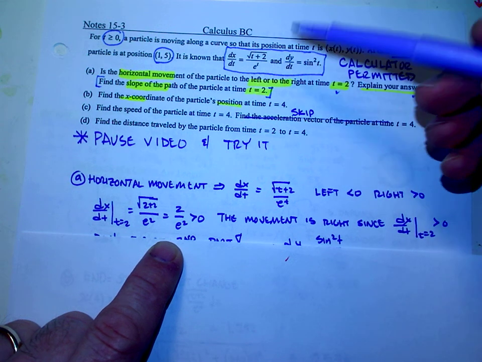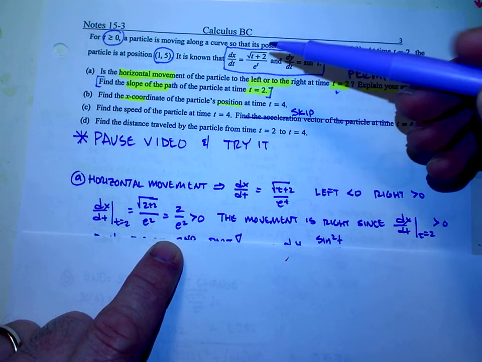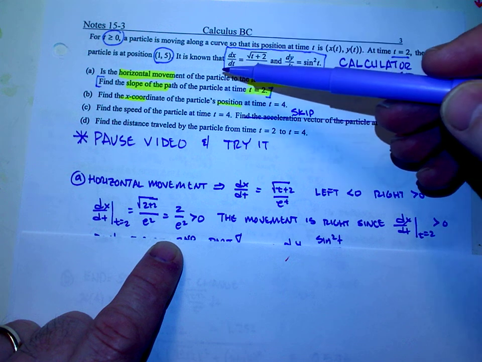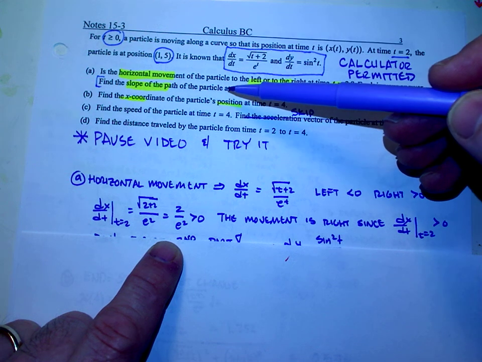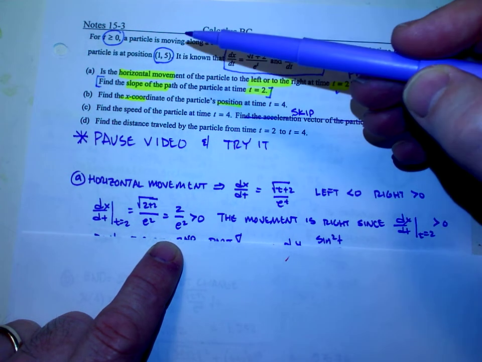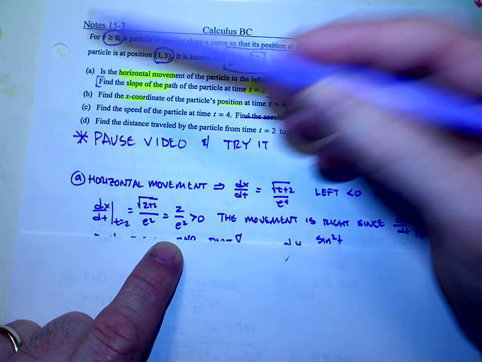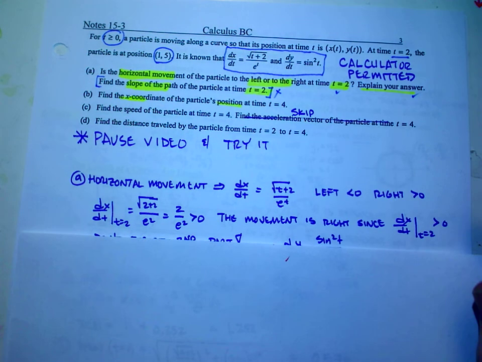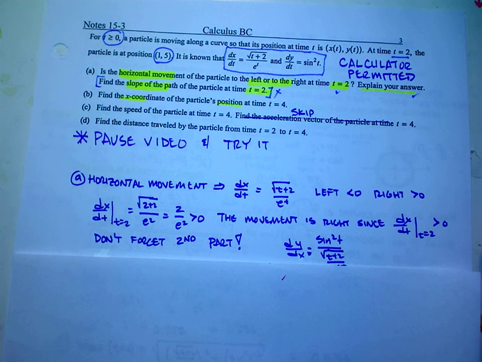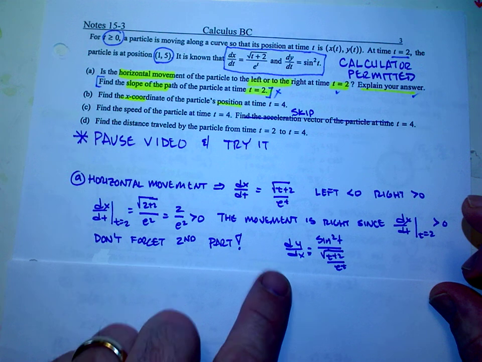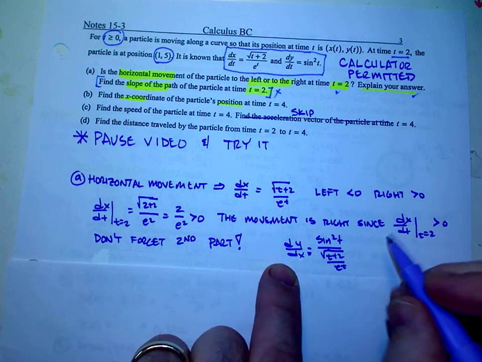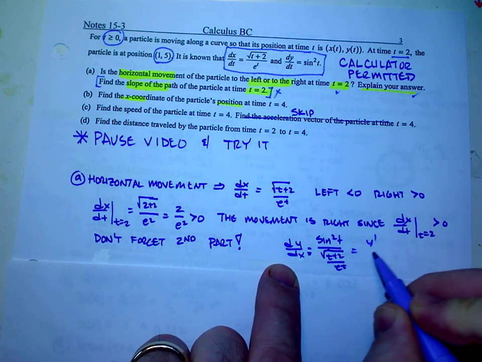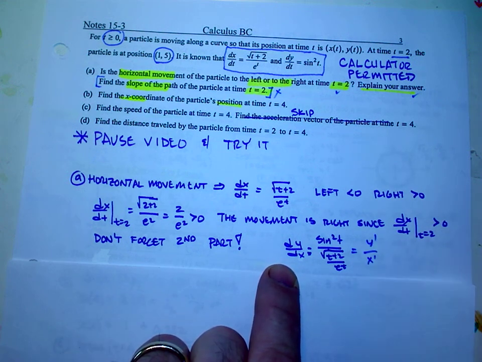So that is one thing that does appear every once in a while on the AP type questions, where there is a second calculation in part A that's not broken out to say, oh, this is A and this is B. So be very careful. Make sure that you don't forget that second part. And the second part is relatively easy, because we're going to remember that our slope is just y prime divided by x prime.